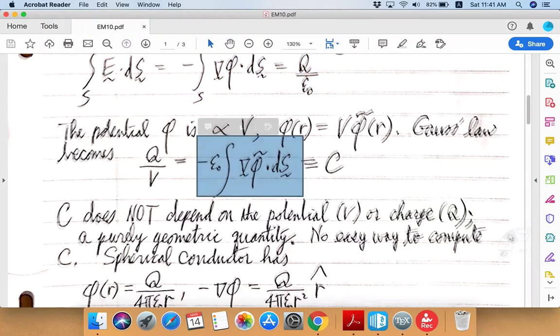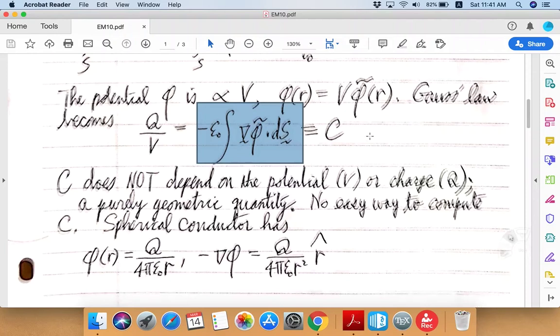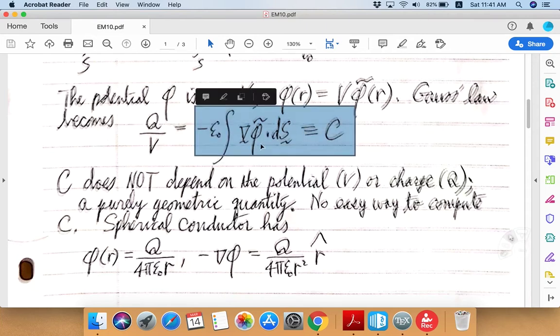So here, phi tilde is a normalized potential, which does not depend on the exact value of the potential on the surface. Therefore, this integral will not depend in any way on the exact amount of charge or exact value of the potential, but rather it measures some intrinsic feature of the conductor itself, a geometric property of the conductor, such as the shape, the radius, or the size.